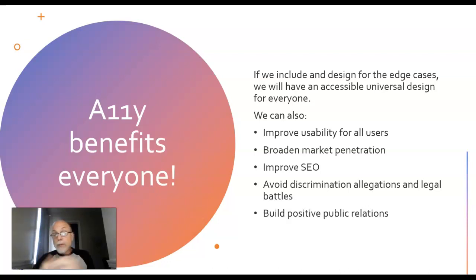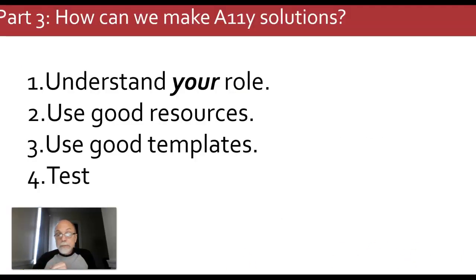We can improve it for everybody. We can broaden our market penetration. We can improve search engine optimization, and we can also avoid some unpleasantness, legal battles, and negative public relations. We can avoid all those things, and that's important.